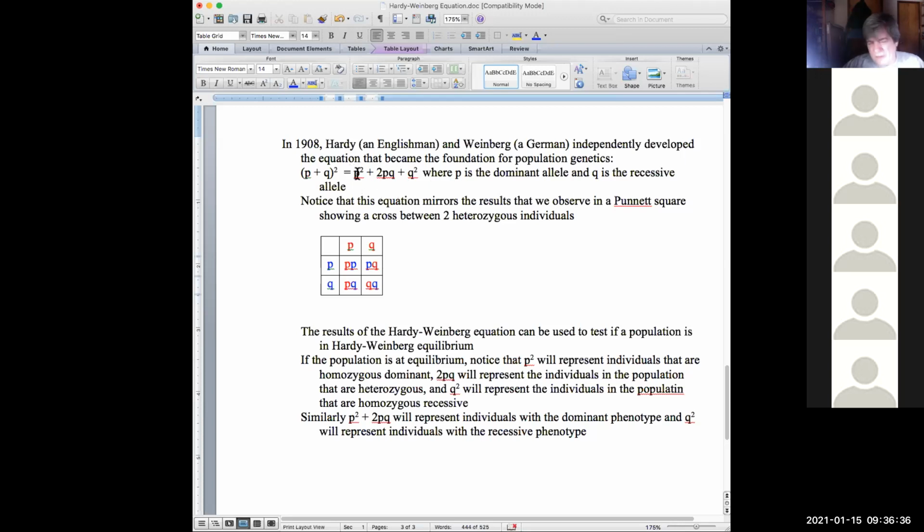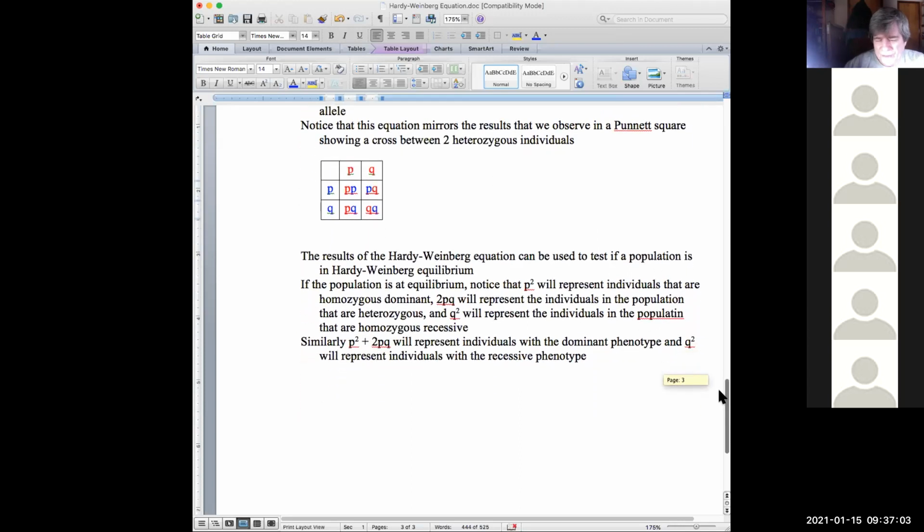And what we're going to think about in the problems we work is that P is going to be the frequency of the dominant allele, and Q is going to be the frequency of the recessive allele. Although in the problems we work, if you'd rather use big A and little a or something like that, whatever is appropriate for the problem, you can certainly do that. Just like in 105, it doesn't really matter what letters we use to designate the dominant allele and recessive allele.